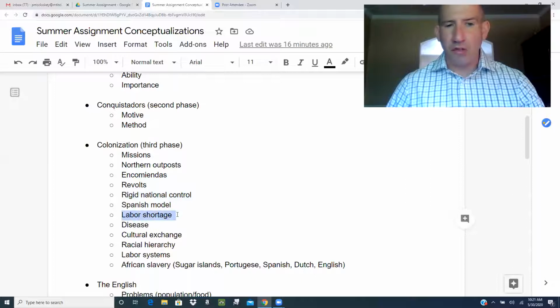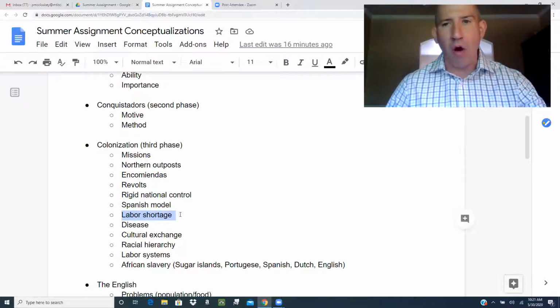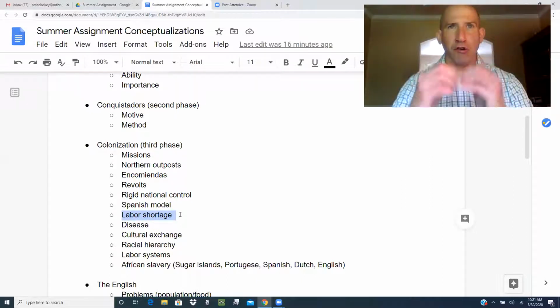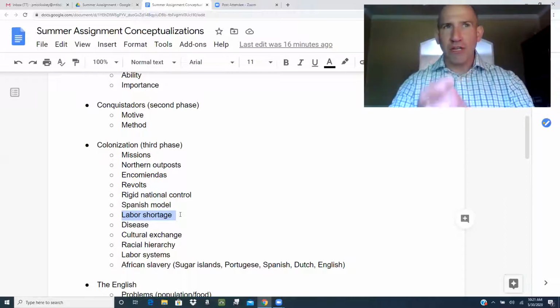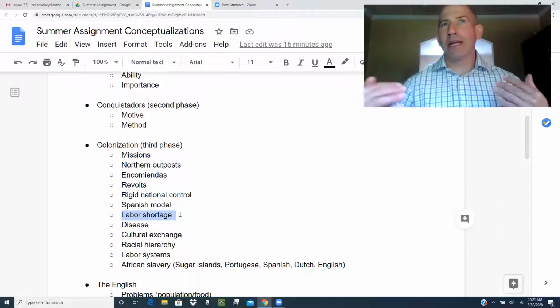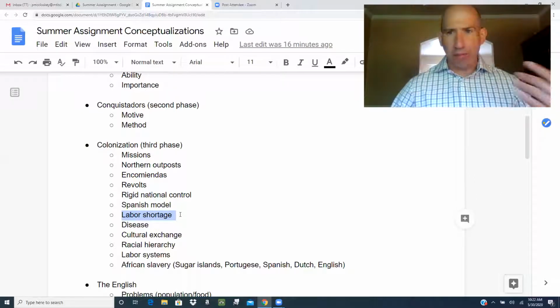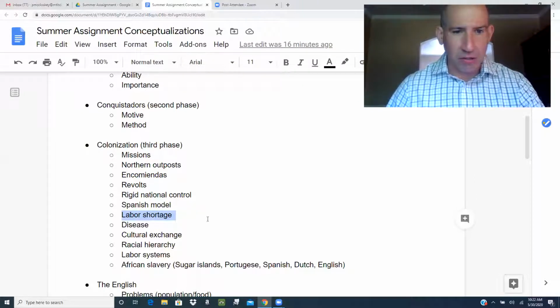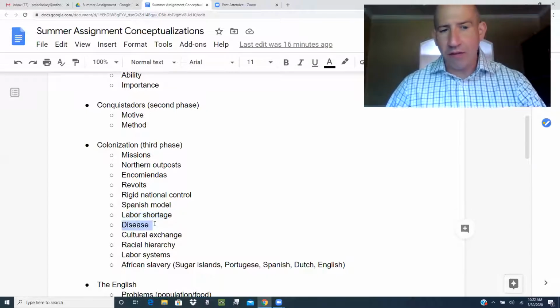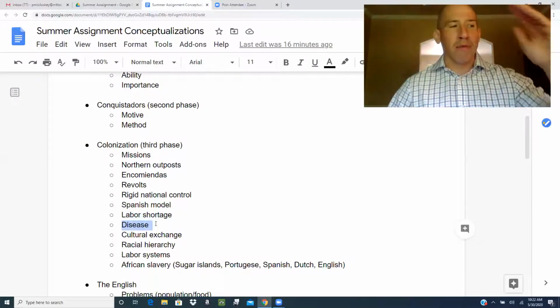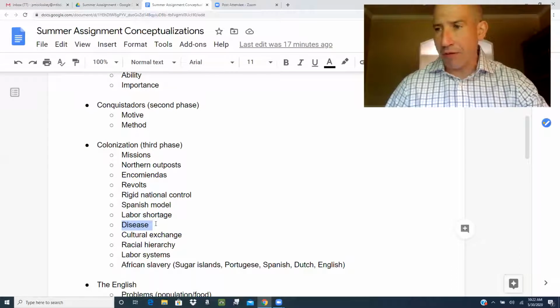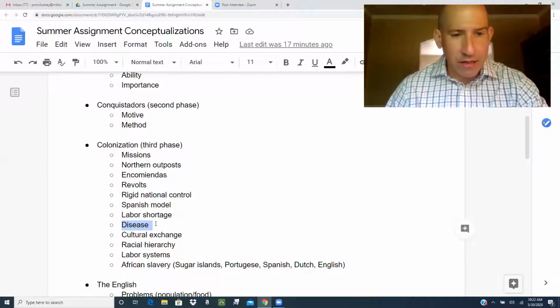There is a tremendous labor shortage, and everything that Spain is trying to do in the New World is to get control of as many people as possible to work primarily in mines and then on plantations such as sugar plantations. You'll see the most horrifying numbers, about 95% of population disappearing in just a number of years.